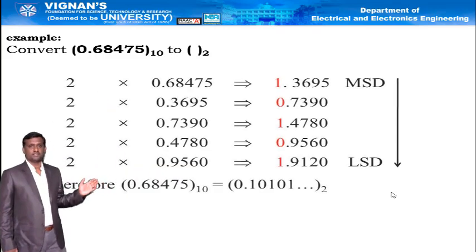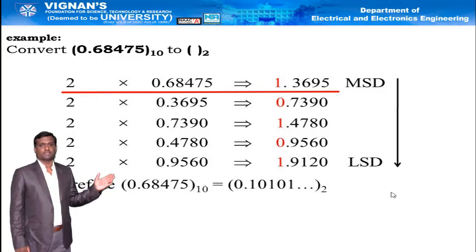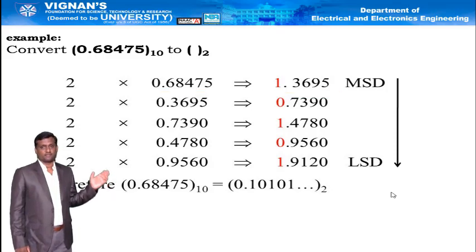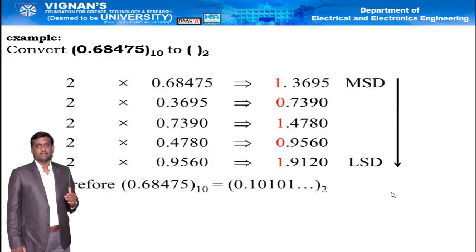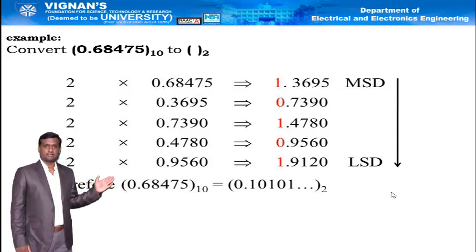So this is the procedure, and first multiplication of the given number 0.68475 with 2, then we get 1.3695. Separate the carry and multiply the fractional part with 2.